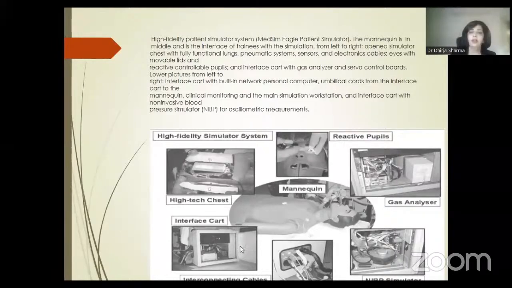We can see input and output cables coming out and going to the interface card. There is a gas analyzer, and there is an NIBP simulator also available for the mannequin, and all these values come out as per the scenario which is decided, and also as per the result of the action which the trainee does.